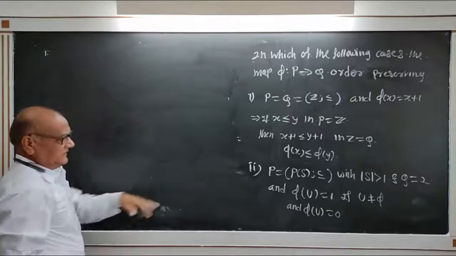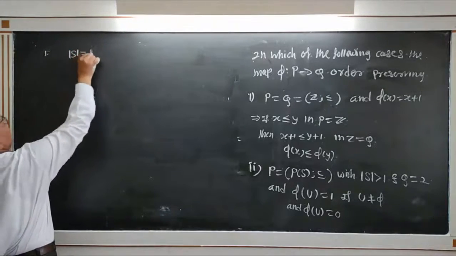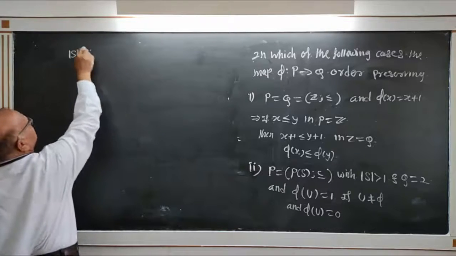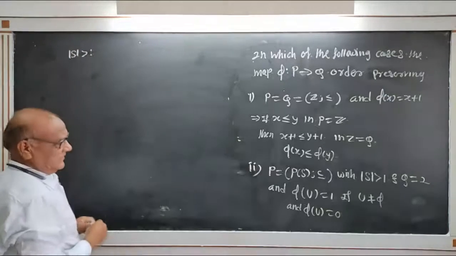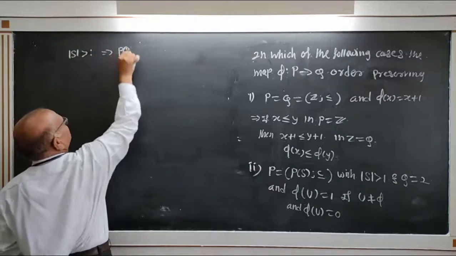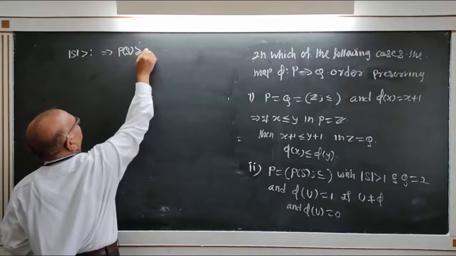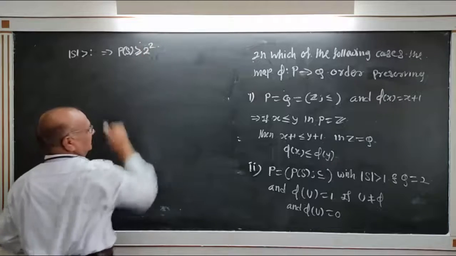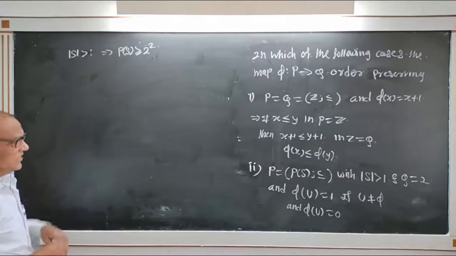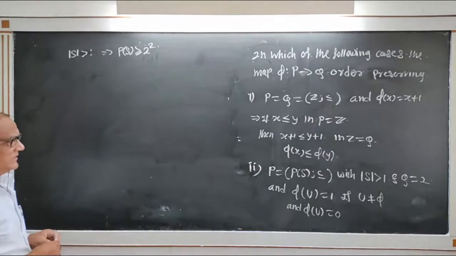Here mod S is greater than 1. This implies the power set of S has at least 2 to the power 2 elements, because S contains 2 or more elements.